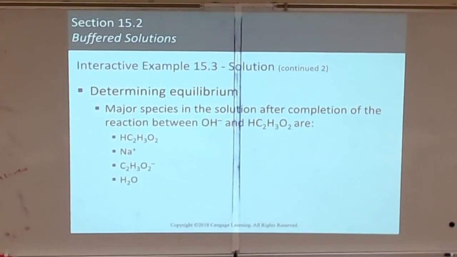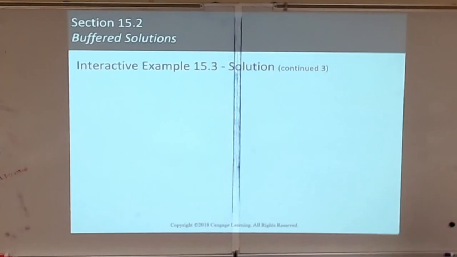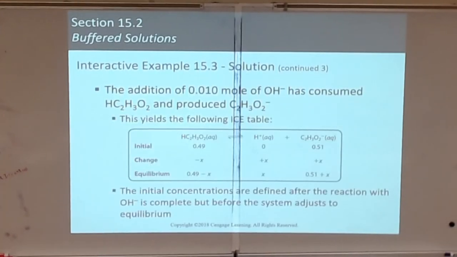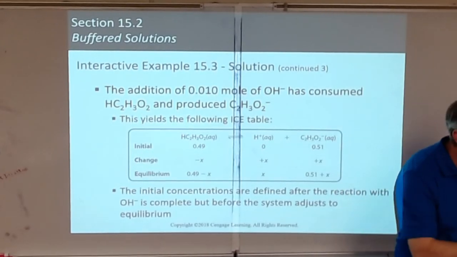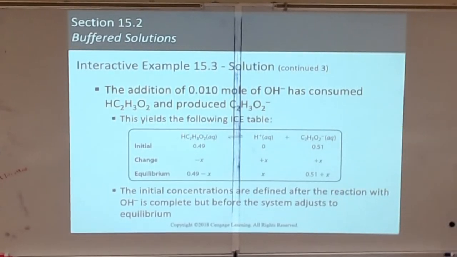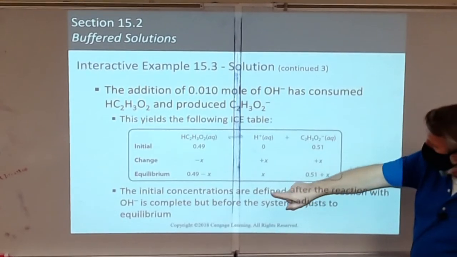So after we complete this, I no longer have any hydroxide. And the dominant equilibrium is simply the dissociation of the acetic acid. There's our Rice table. Notice the difference. The only difference, we added this much, 0.01 moles of sodium hydroxide, and this is what was changed.